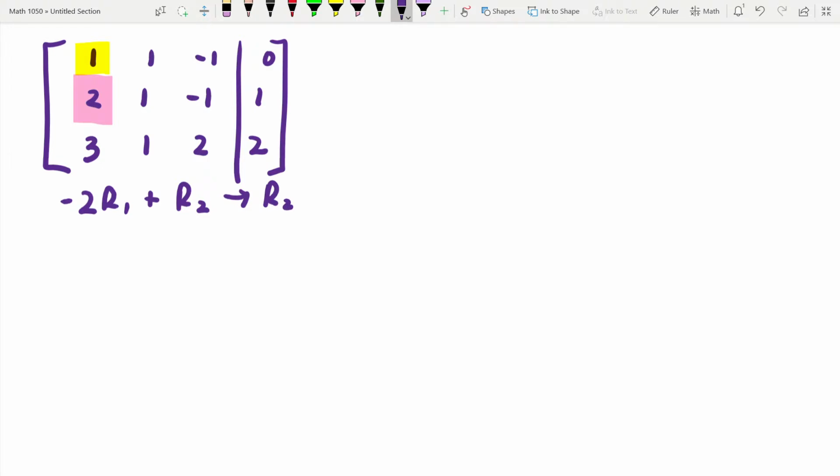What about this? 2 times row 1, subtract row 2 becomes my new row 2. Does that work? Yes or no? Come on, you guys. It works, right?